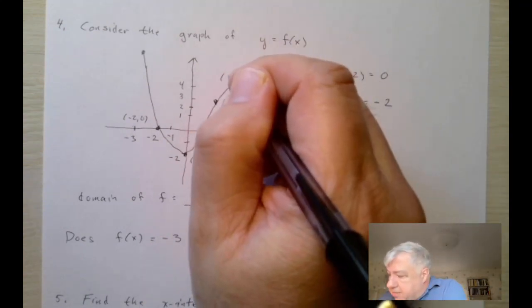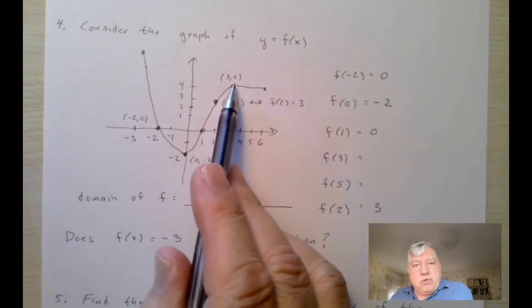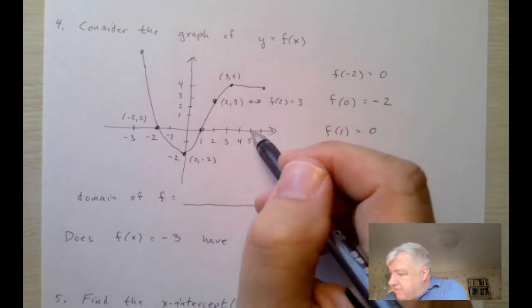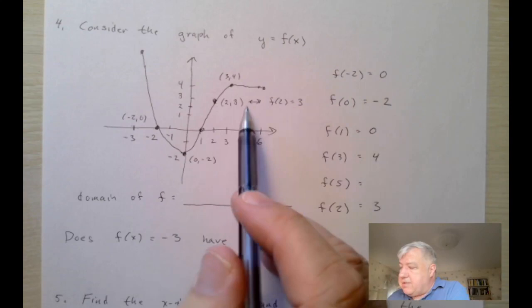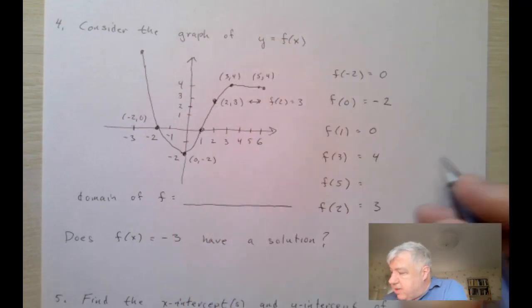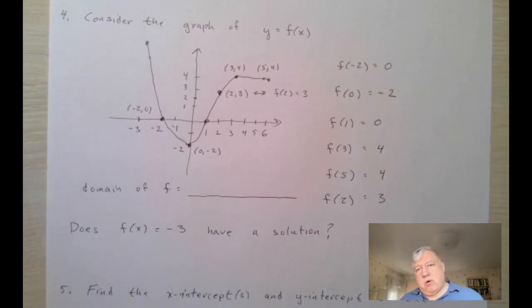This would be (3, 4), so since the y coordinate is 4, that's what f of 3 is. And f of 5 is about the same. For the point (5, 4), this will be 4 as well. So the y coordinate is equal to the function value.